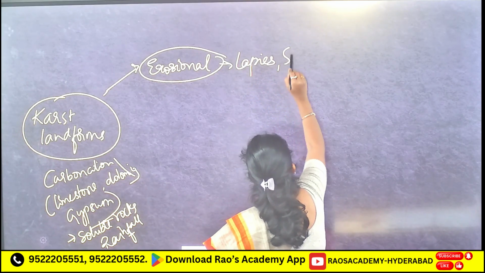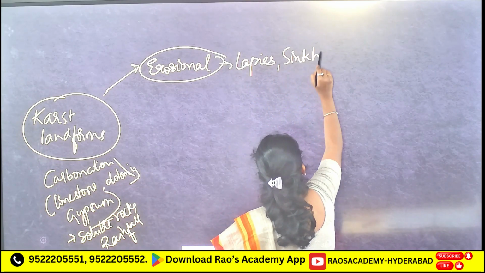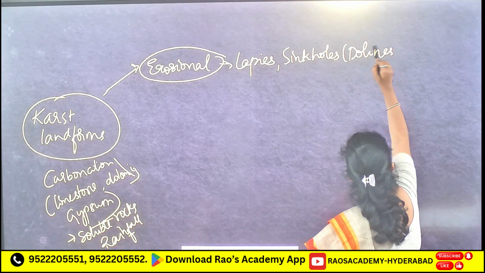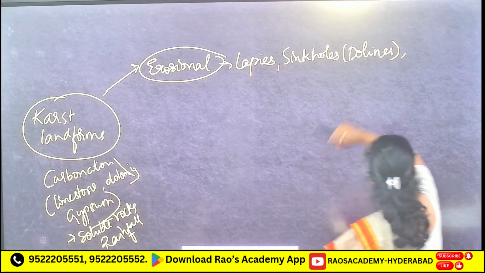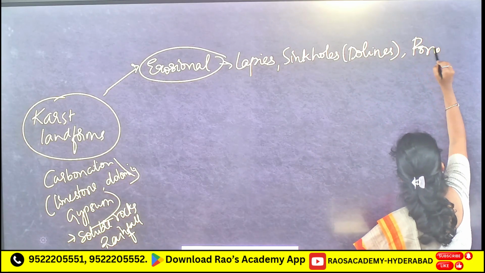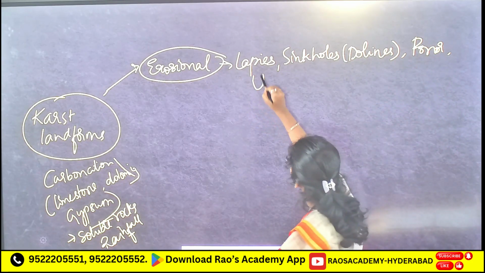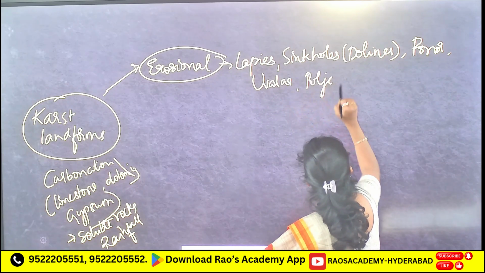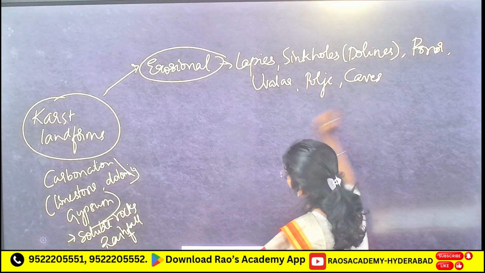Next, karst landforms, erosional: lapies, sinkholes or dolines. After dolines we have seen ponors. Next, uvalas, polje and caves.